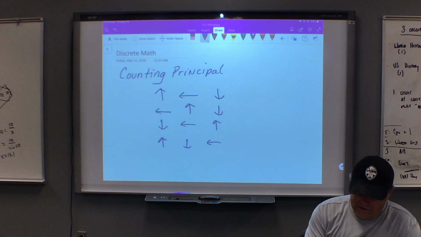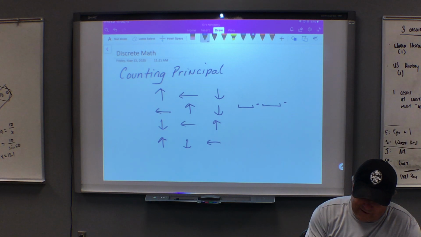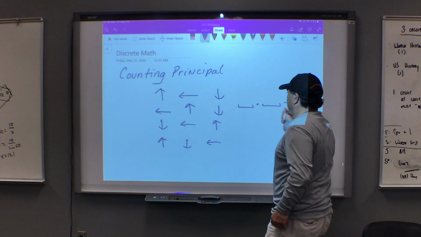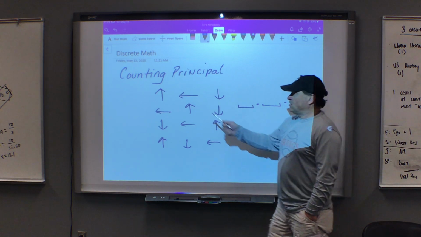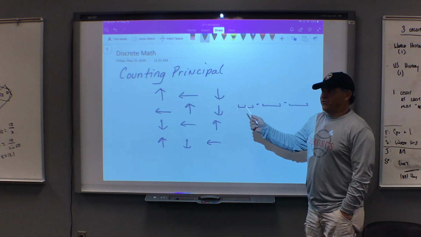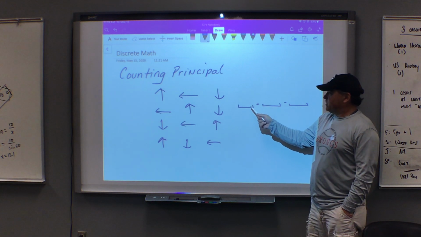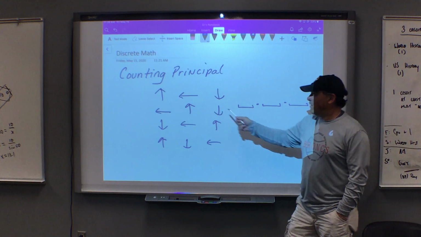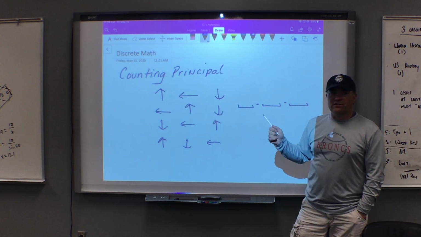The way I want you to think about it is that we're essentially filling 3 different locations here, and in each location we're putting one of these symbols. The counting principle says, how many choices do you have for that first option? You have 1, 2, 3 choices.